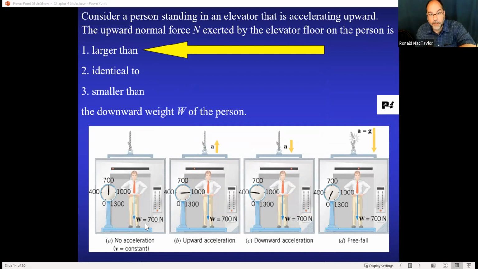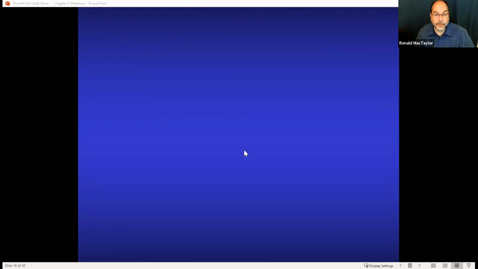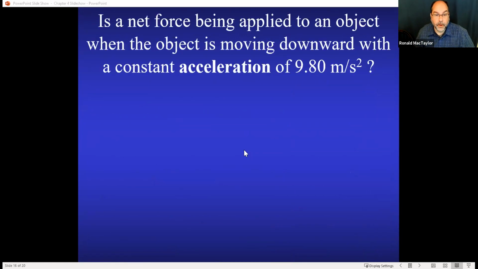You press the button to go up and you accelerate upward. Therefore, there's a bigger force pushing you up than the downward force that's holding you down. And so larger than.